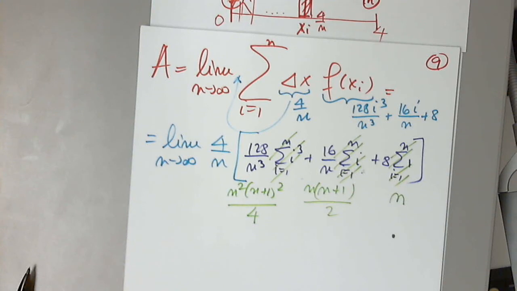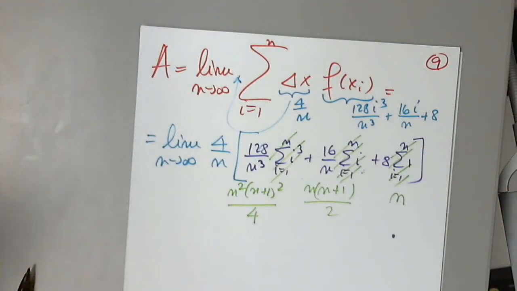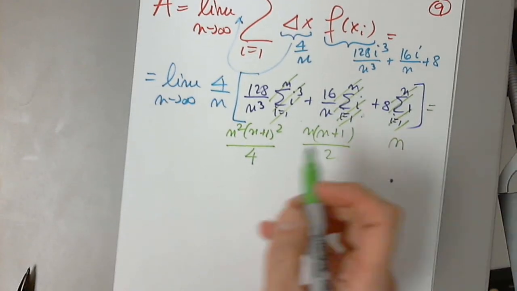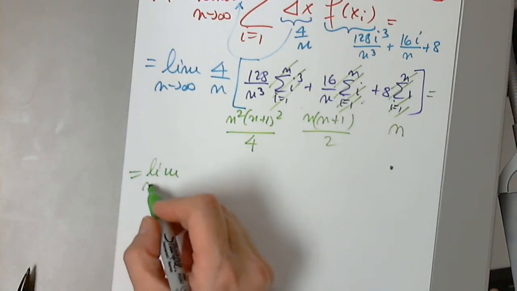Do we understand all the steps so far? Yes? Okay, now moving on is just algebra. There is no more calculus till we apply L'Hopital's rule. So we have to simplify this to the max and find the limit.